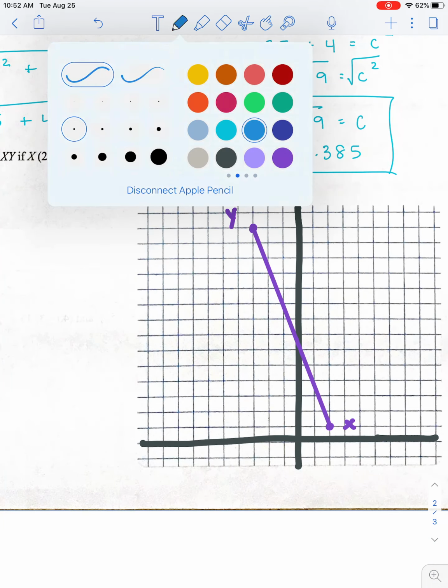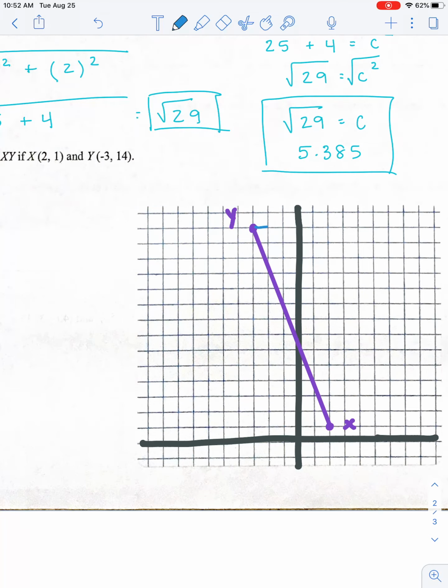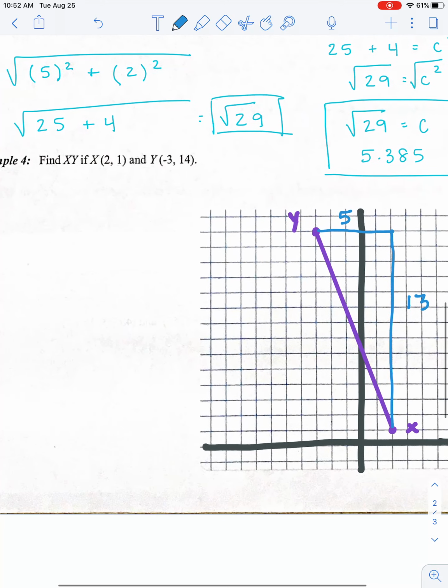What I'm gonna do now is put in the size of the triangle. Let's figure out how far over we go. We go over 5, we go down 13. Like I said before, I'm going to utilize the Pythagorean theorem method just because I think it's a little bit easier.